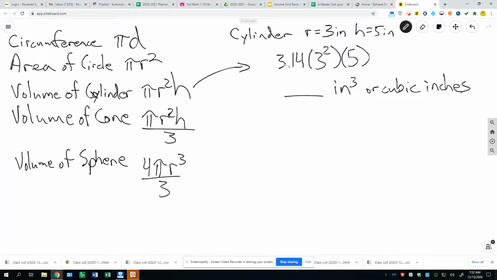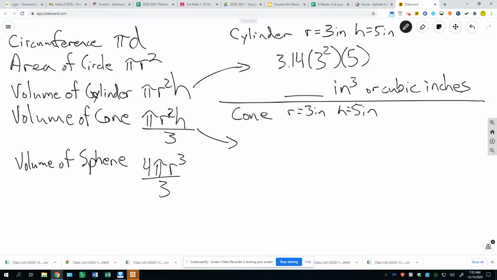And then if I have a cone, where again we'll make the radius 3 inches and the height 5 inches. Okay.